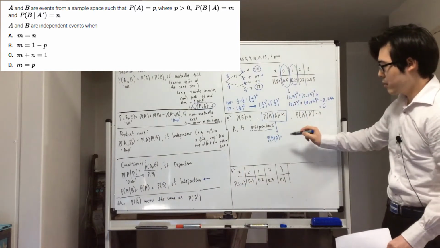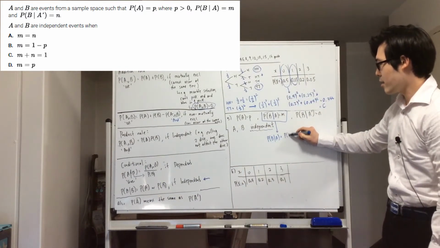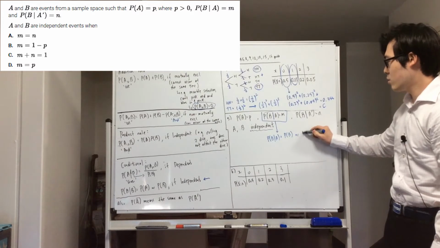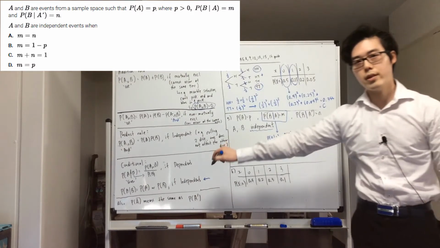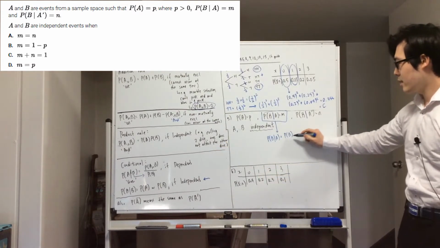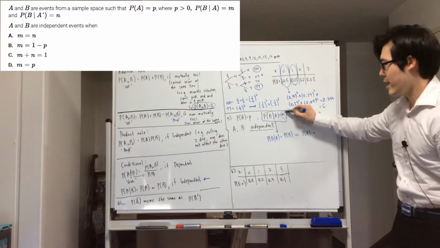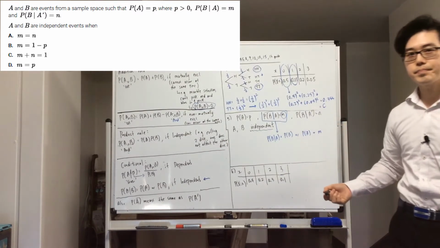Okay, it's this or this. Yeah, just following that. Now, this and that are both equal to M. Okay, so that's the technique here.